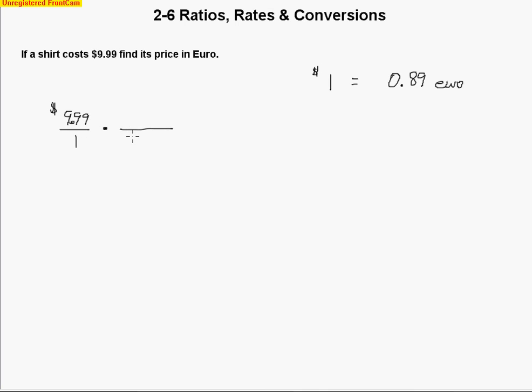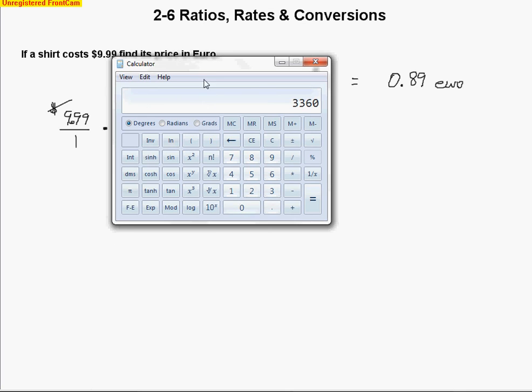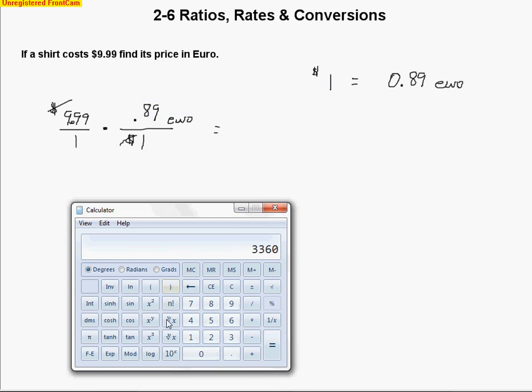And I want to cancel out the dollar. So I'm going to put the $1 on the bottom, and I want euro. So I'm going to put the 0.89 euro on top, $1 on the bottom. And that way the dollars will cancel out, and I just multiply across. So then we'll just go ahead and take those numbers, 9.99 times 0.89.